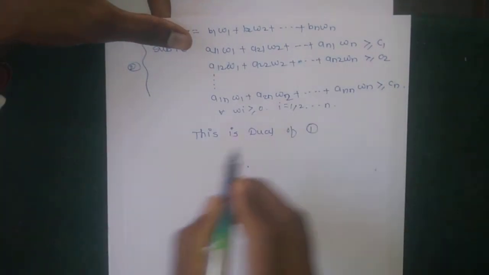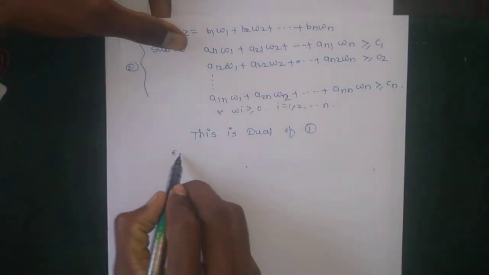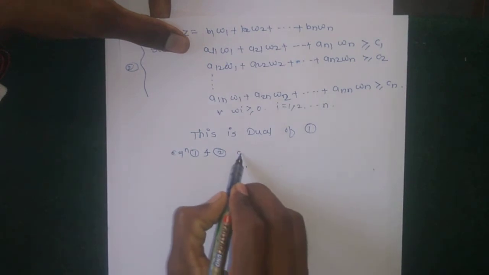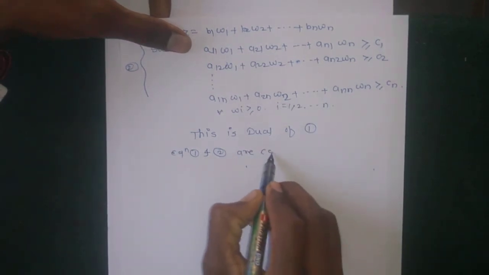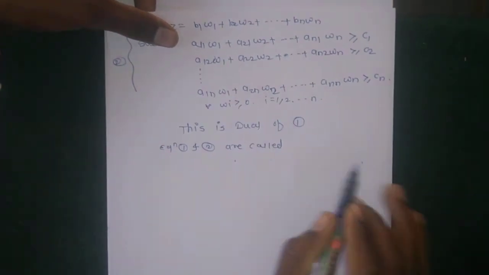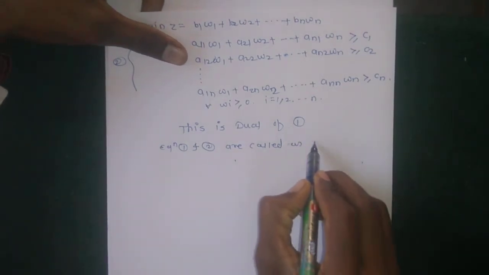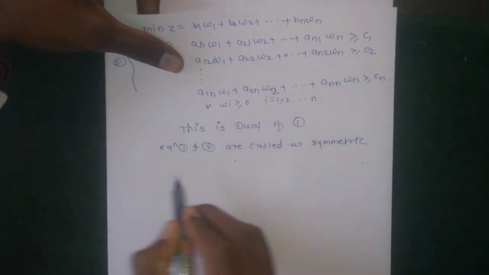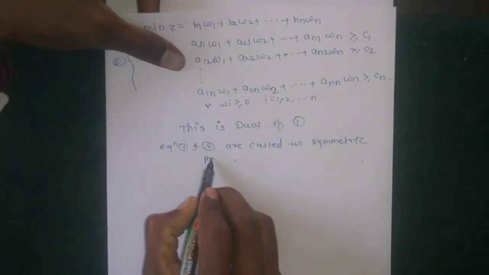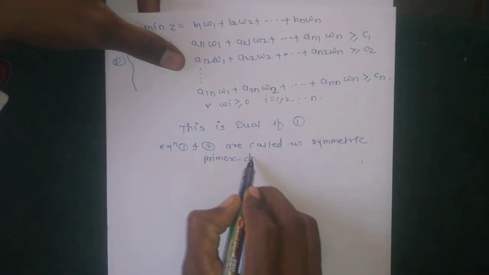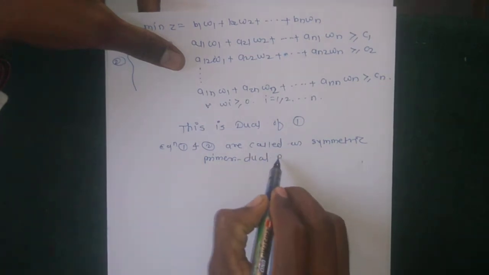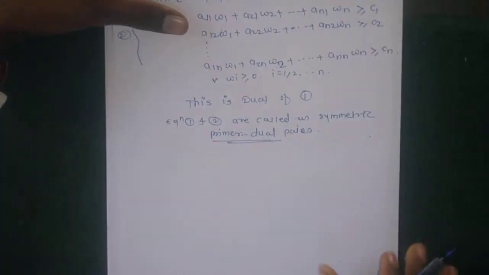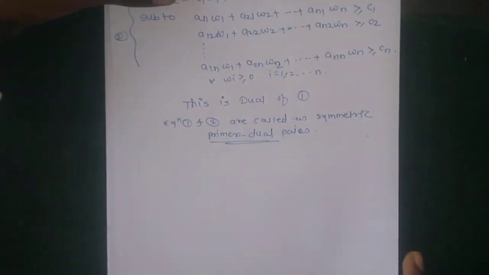So equations 1 and 2 are called a symmetric dual problem, or symmetric primal-dual pair. Equations 1 and 2 are symmetric to each other.